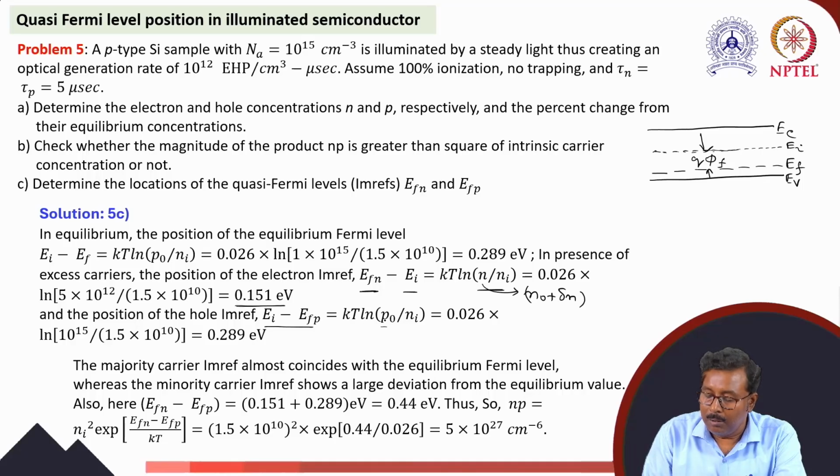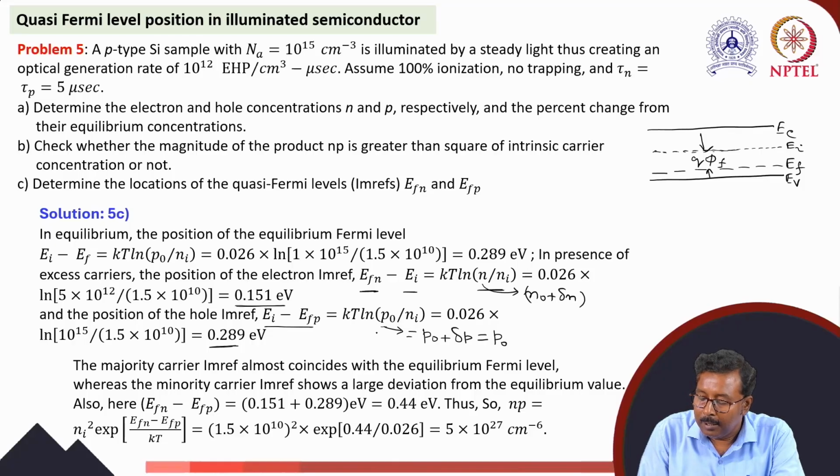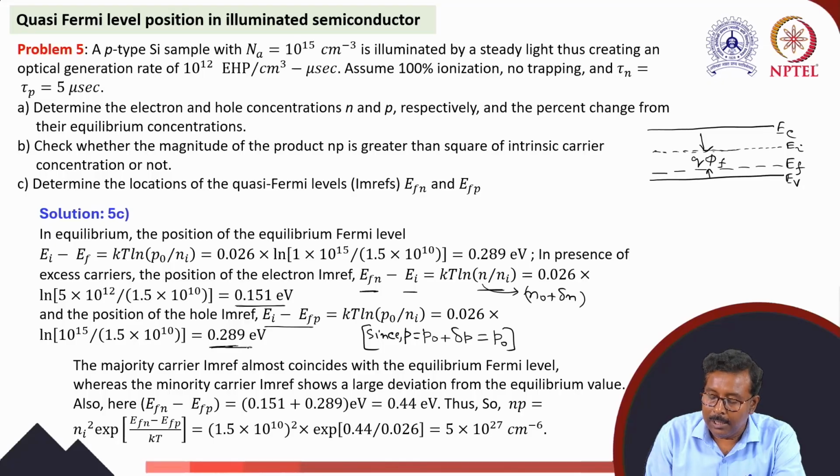If you put the value of P0, the same value, almost 0.289 will be coming, because P is equal to P0 plus delta P, which is almost equal to P0. In the actual formula this is P, but since P is equal to P0, you can write P0 by Ni, so this will ultimately be 0.289 electron volt.